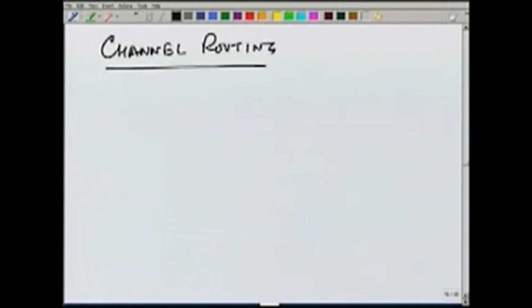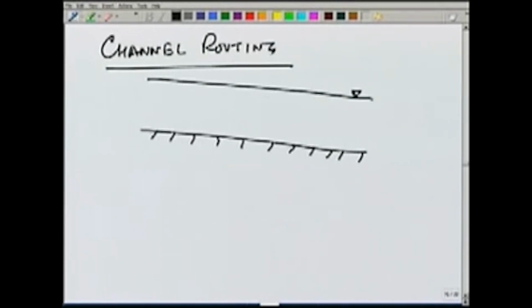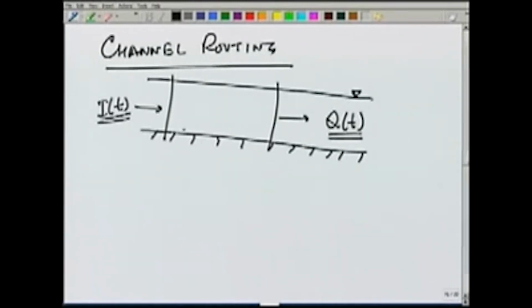In the channel routing, the basic methodology is, knowing the inflow at certain point, we want to predict what will be the outflow at some other point, and in this case, therefore, as compared to the reservoir routing where we had storage in the reservoir, now we have to think of the storage in the channel.